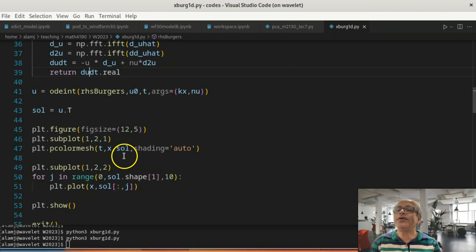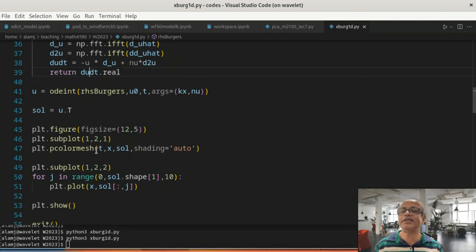That's my personal choice: I take the solution u, put it in a new variable sol, and transpose it. It is not necessary. You can just deal with u as is. I transpose it, and then I create a figure to plot the solution. First, on line 47, I plot in the space-time domain.